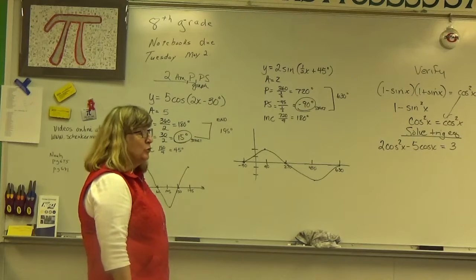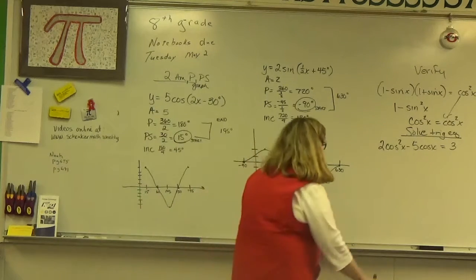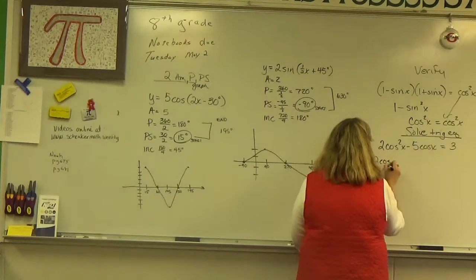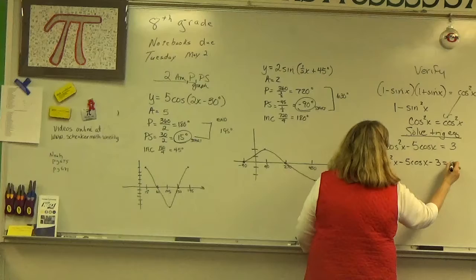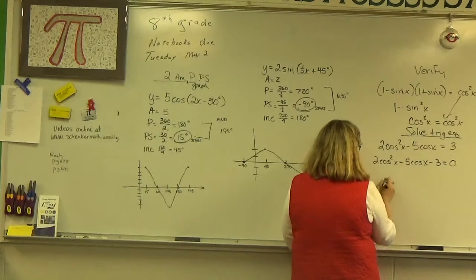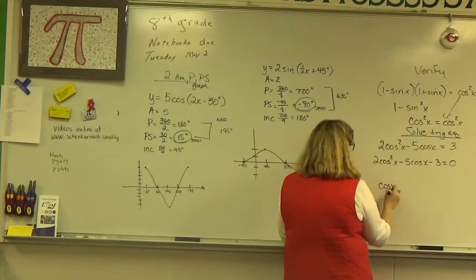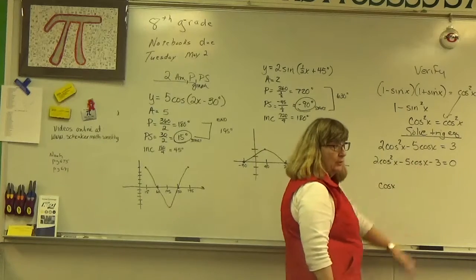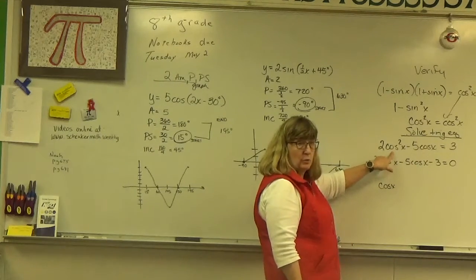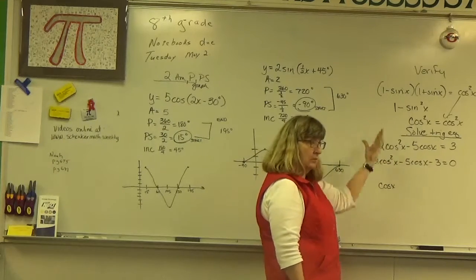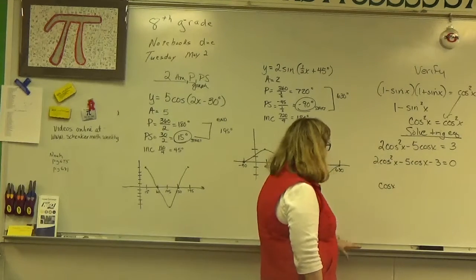Get it equal to 0. And then use the quadratic formula, and you're solving for cosine. Of course your trig has to be in terms of the same trig. If I had 2 sine squared in here, I would change sine squared to 1 minus cosine squared, and then do the same process, which we could do an example of if you want.